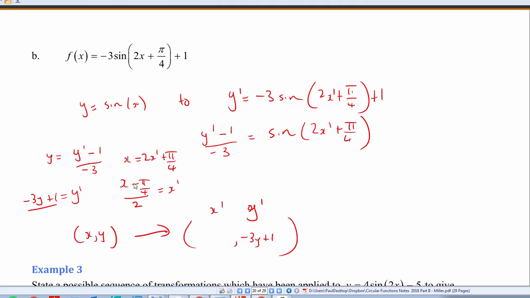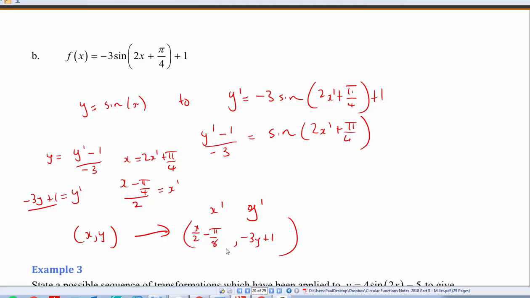To do that, this is x over 2 take away pi on 4 on 2, which is the same as pi on 8. Alright, so these are the transformations.